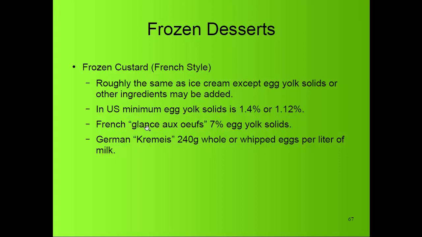In the US, the minimum egg yolk solids are 1.4 or 1.12%. It's also known as French style ice cream, or glace aux oeufs, which is 7% egg yolk solids. And there's also the German, which has 240 grams whole or whipped eggs per liter of milk.